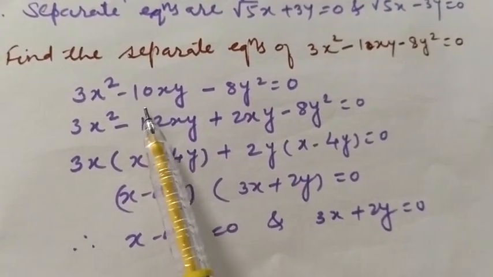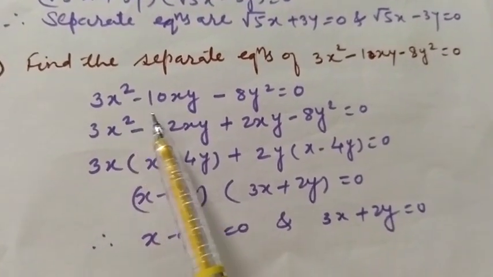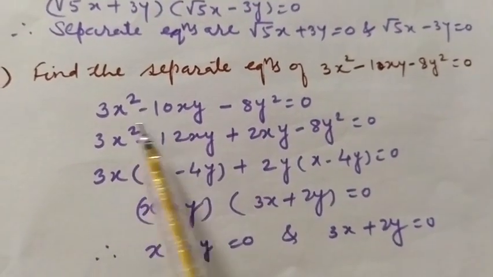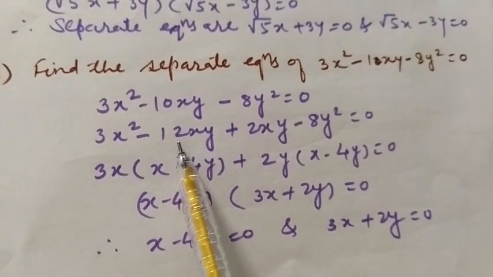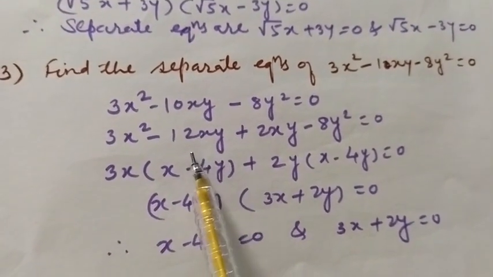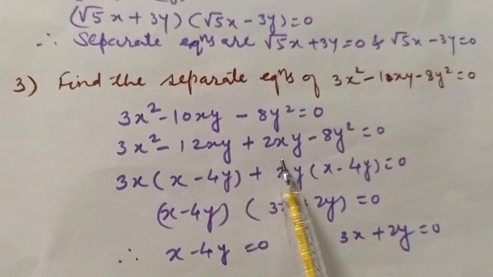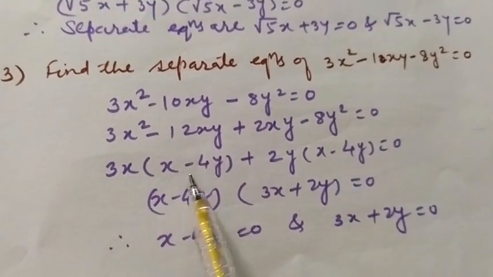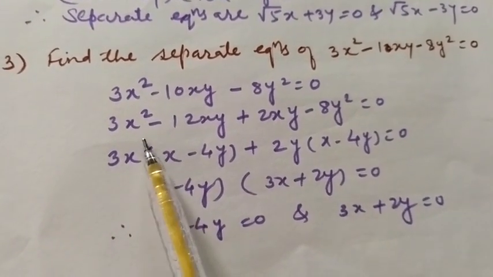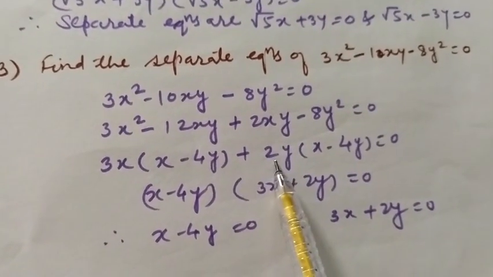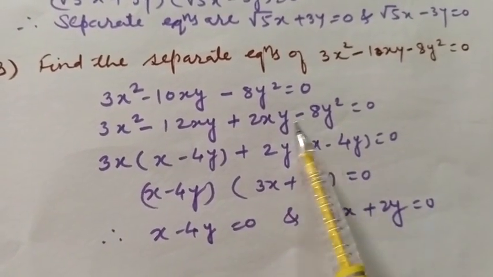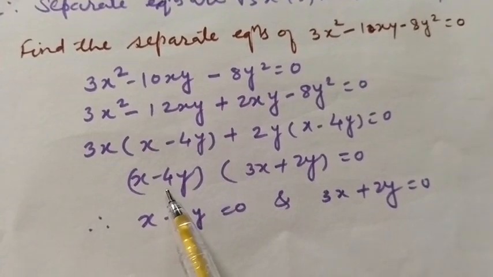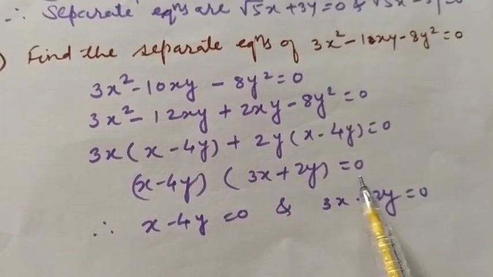If you observe very carefully, the equation is 3x² − 10xy − 8y² = 0. Factorizing, this becomes 3x² − 12xy + 2xy − 8y². Simplify further: 3x can be taken common, leaving (x − 4y), and 2y can be taken common from the other two terms, leaving (x − 4y). So the common factor is (x − 4y), and we get (x − 4y)(3x + 2y) = 0.